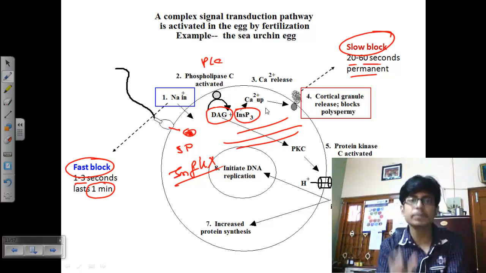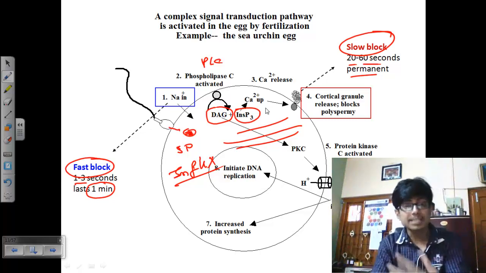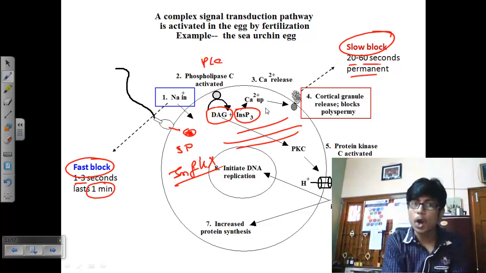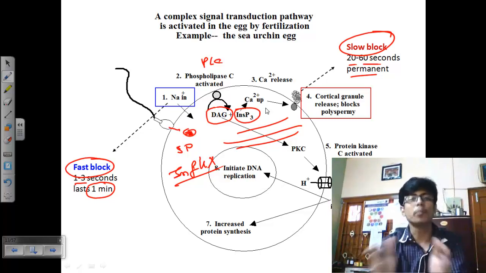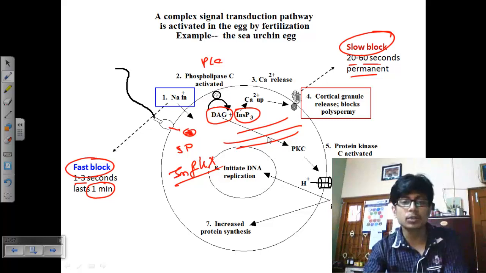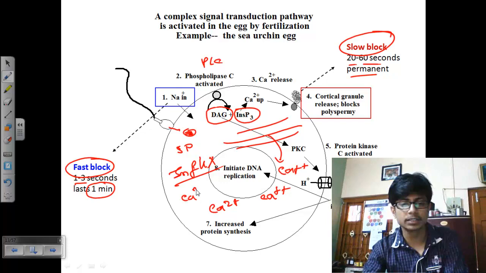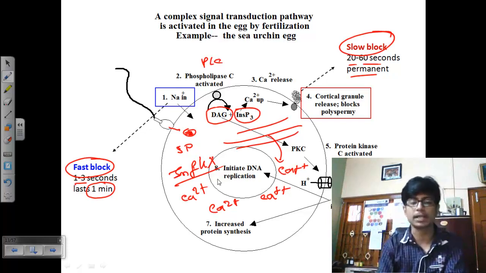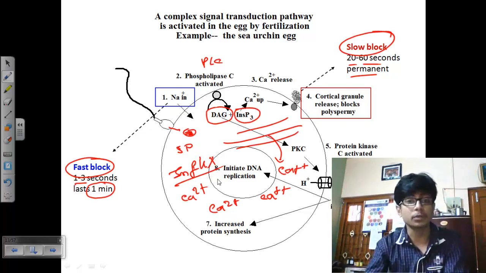Channels through which calcium can pass in and out of the endoplasmic reticulum. Once that binding of IP3 occurs, that channel opens and calcium slowly starts to come out from the ER to the cytosol. As a lot of calcium enters the cytosol from the ER, huge calcium concentrations build up there, and as a result, the slow block occurs, right?